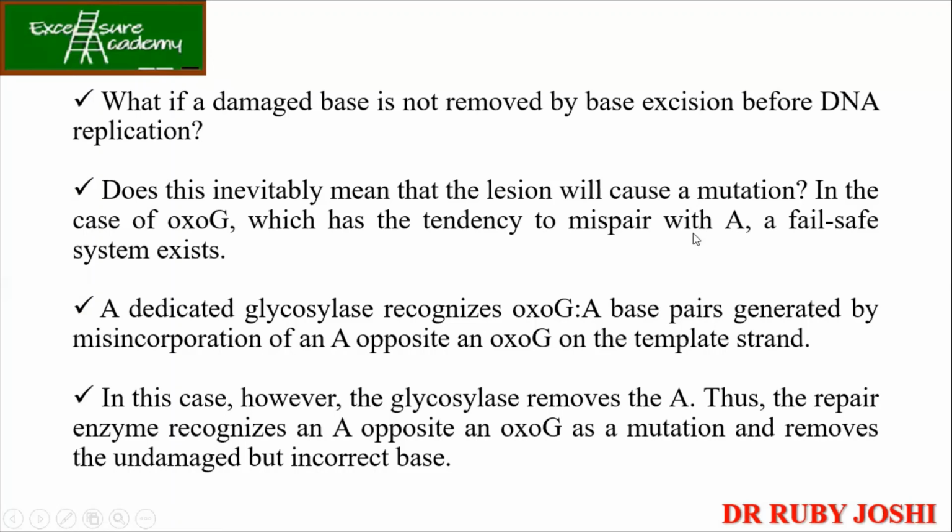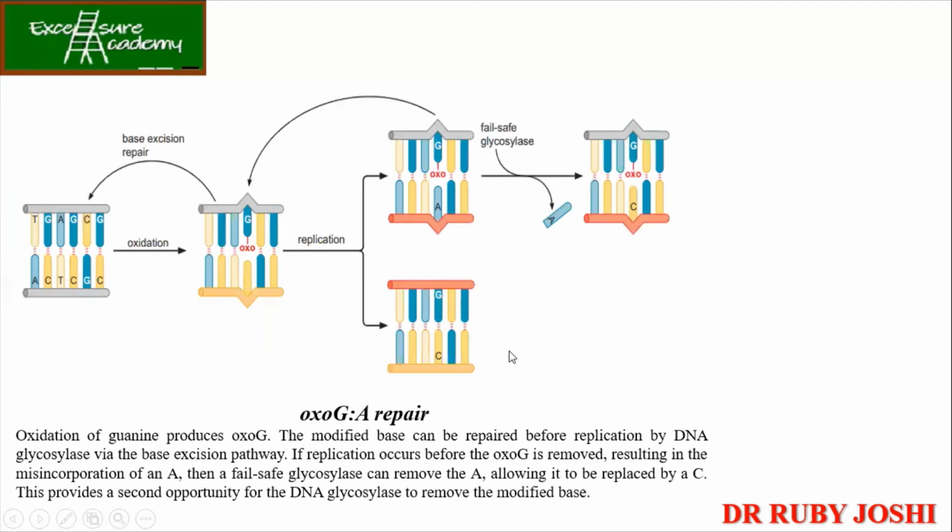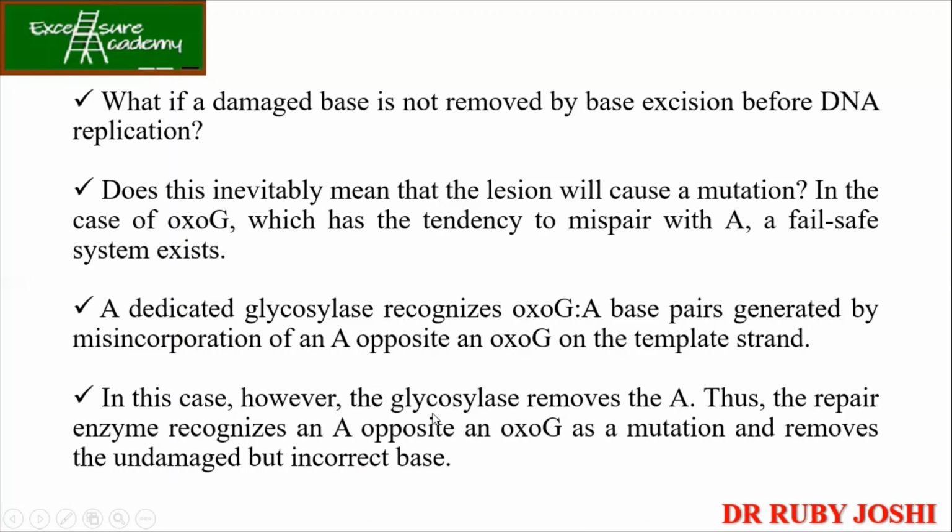Sorry, you were correct, it was adenine only; the transition to AT will come later. This base pair is generated by the misincorporation of A opposite to G. In this case, the glycosylase removes the A. Thus, the repair enzyme recognizes A opposite to G as a mutation and removes the undamaged but incorrect base. Are you able to understand what is happening?